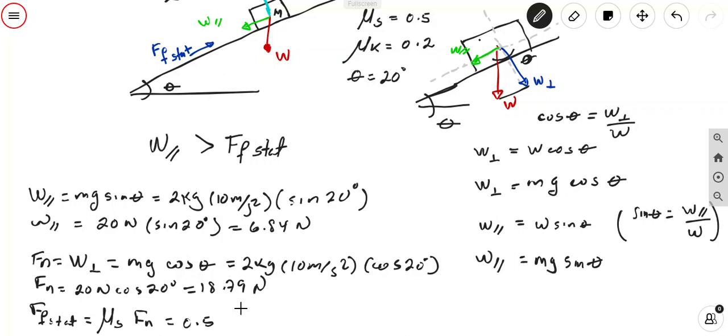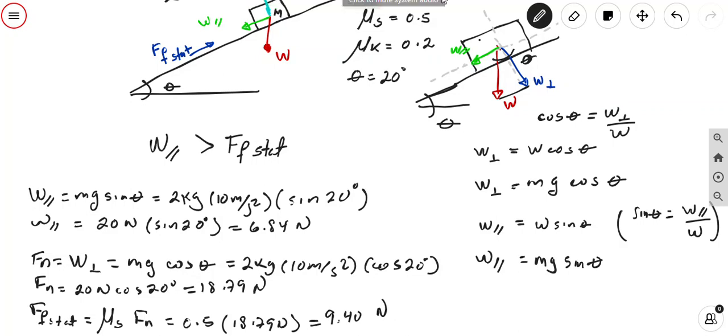It's just 0.5 times the normal force, 18.79 newtons. Multiplying by 0.5, it would be 9.40 newtons.